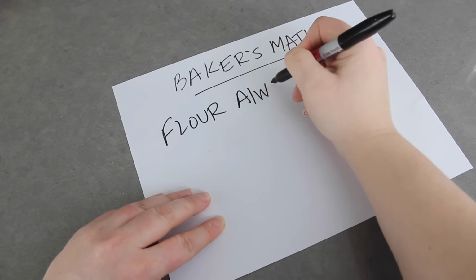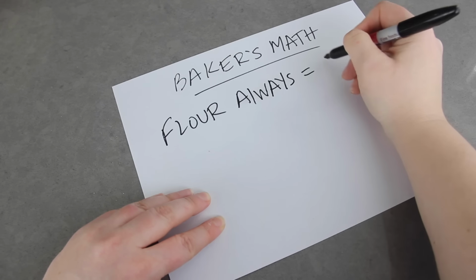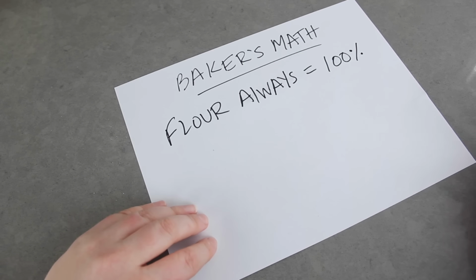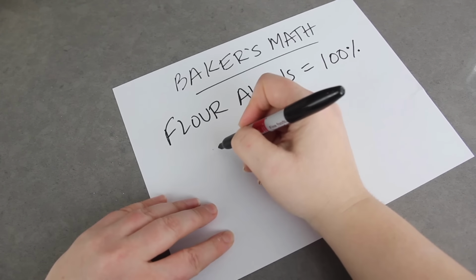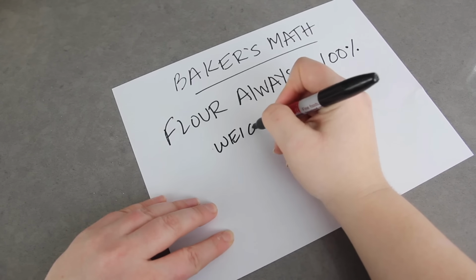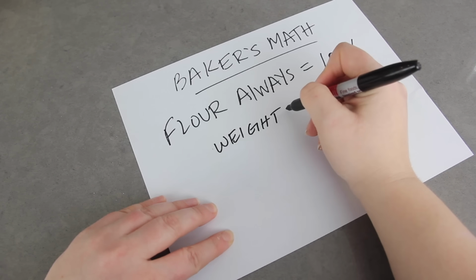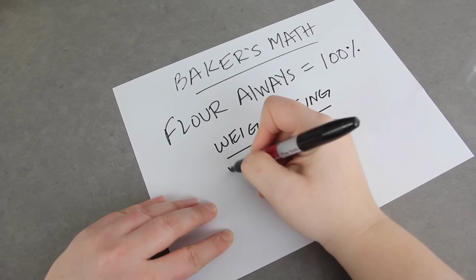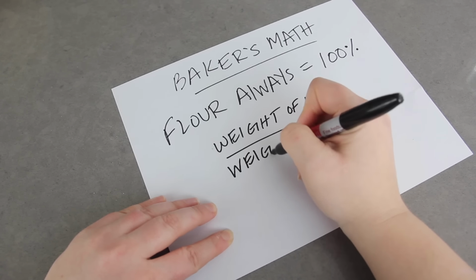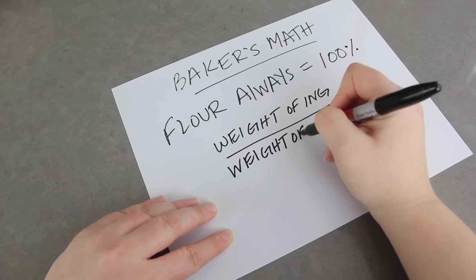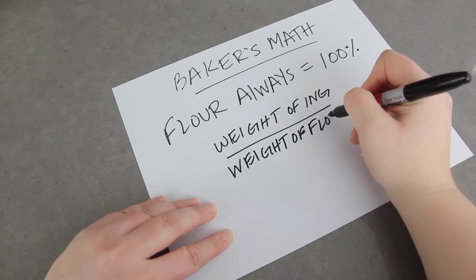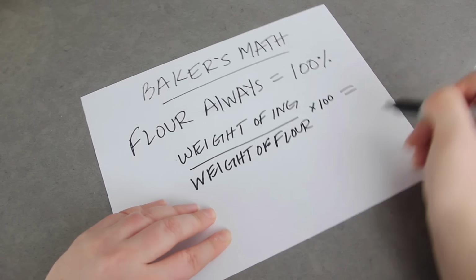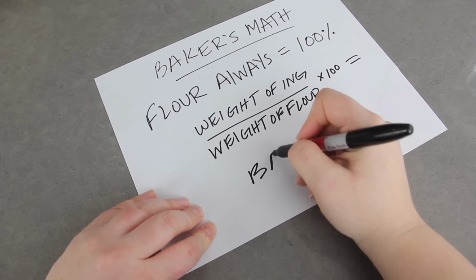When you're calculating a baker's percentage, no matter what quantity of flour you have in your recipe, that quantity of flour is going to be set at 100%. So for the purposes of talking through this, let's say the flour in our recipe is 1,000 grams of flour. That 1,000 grams of flour is going to be our 100% total. Now, every other ingredient in your recipe is going to be calculated as a percentage that relates to the flour.